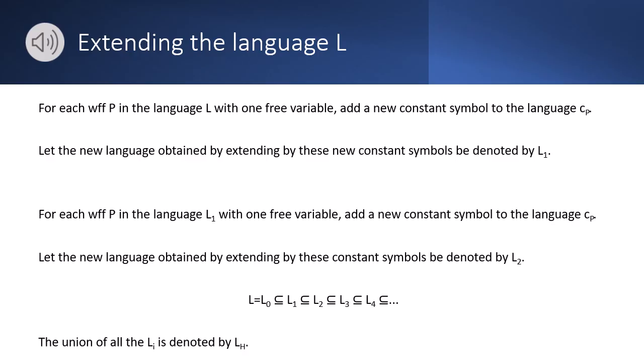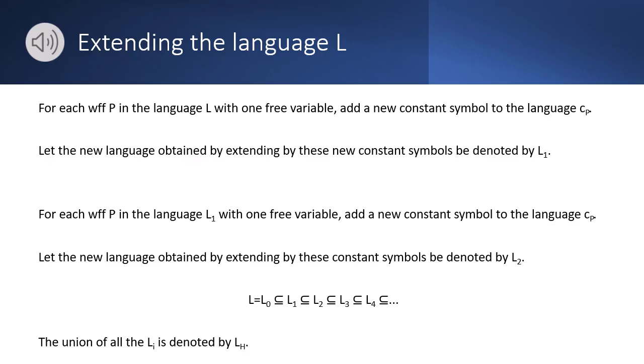So we use the well-formed formulas to index the actual constants. We let this new language, obtained by extending with this new collection of constant symbols, be denoted by L1. That includes all of the language L plus these extra constant symbols, one for each well-formed formula P with one free variable.